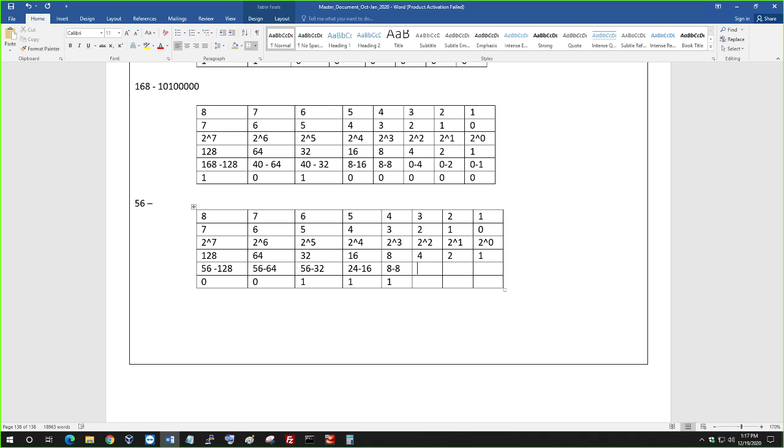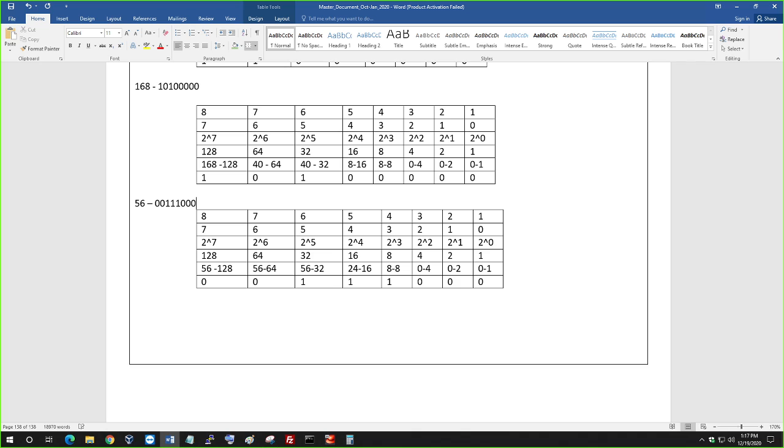Now what is left is 0 minus 4, 0 minus 2, 0 minus 1. So all this becomes zeros, right?